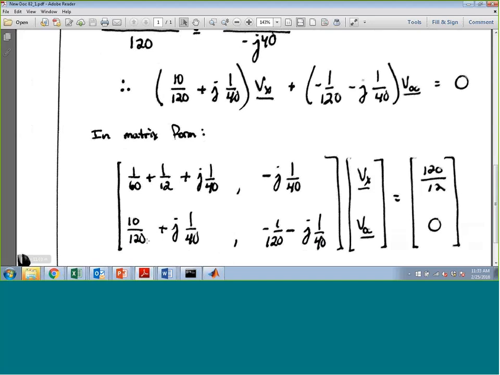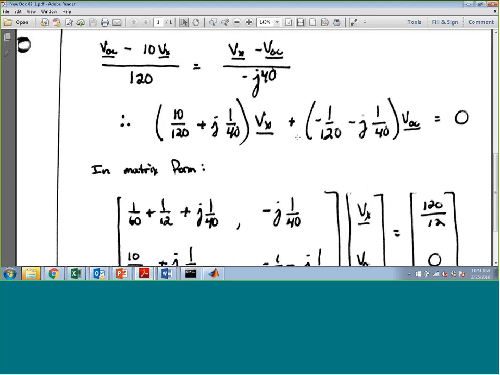So let's see what I wrote. In matrix form, I have this value right here multiplying Vx plus this value multiplying VOC equal to 0. In other words, this term right here comes from this multiplying Vx, and this term here comes from this multiplying VOC, and then the 0 comes over here.